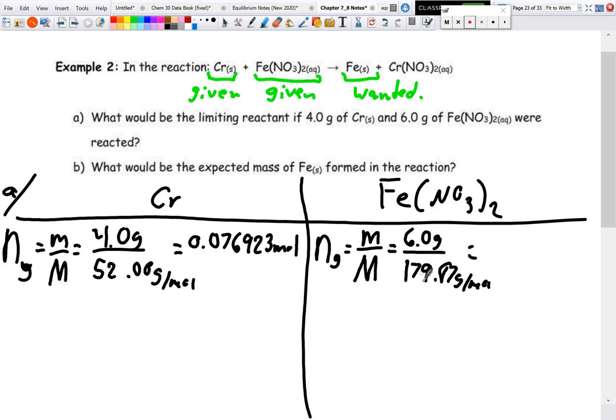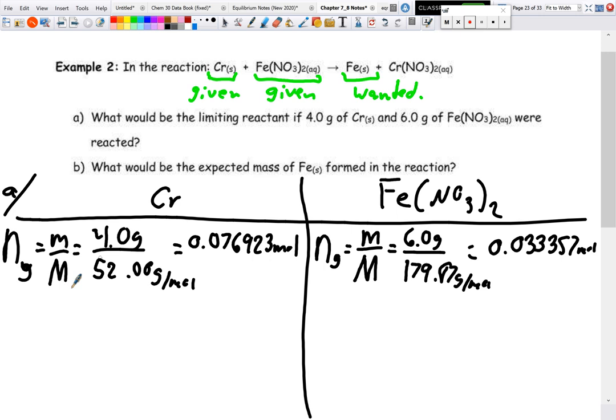So we would divide 6 grams by that and we get 0.03357 mole. Now, from here, it does look like our iron 2 nitrate is definitely our smaller one, but we still need to go through that whole step of doing our mole ratio thing just to make sure.